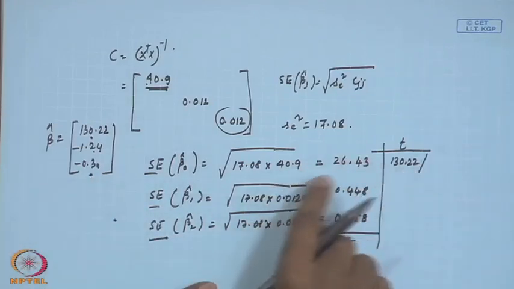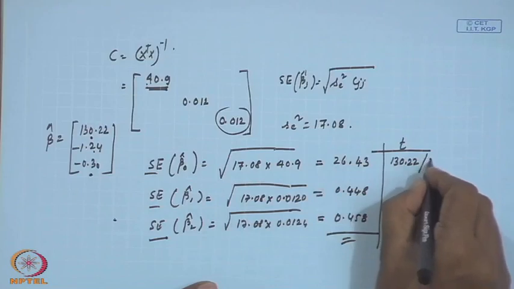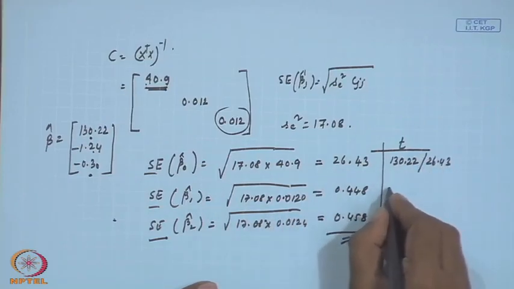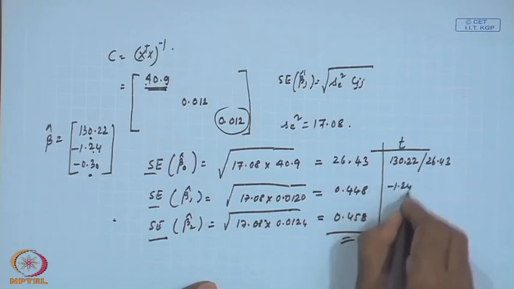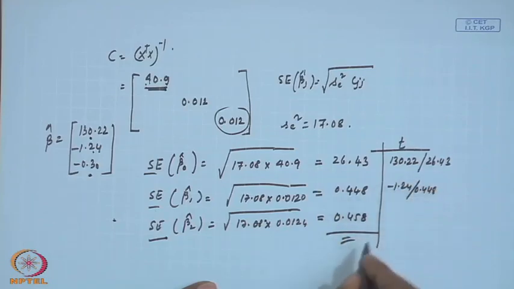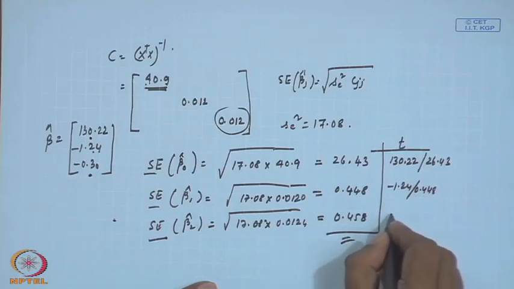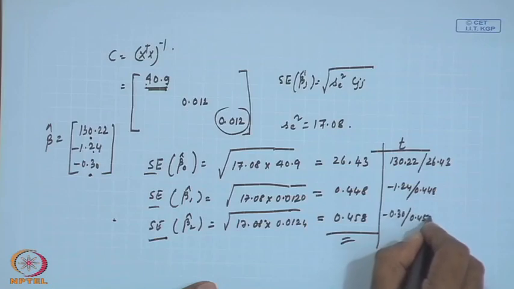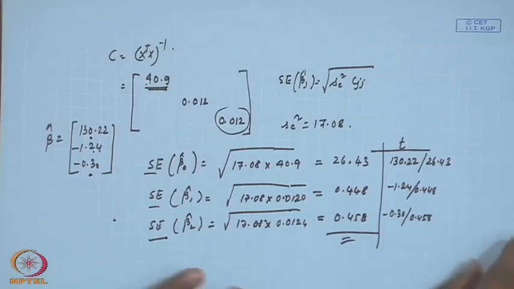So, this divided by the standard error is 26.43. The second one is how much? Minus 1.24 divided by the standard error 0.448. Then the third one is minus 0.30 divided by 0.5458.